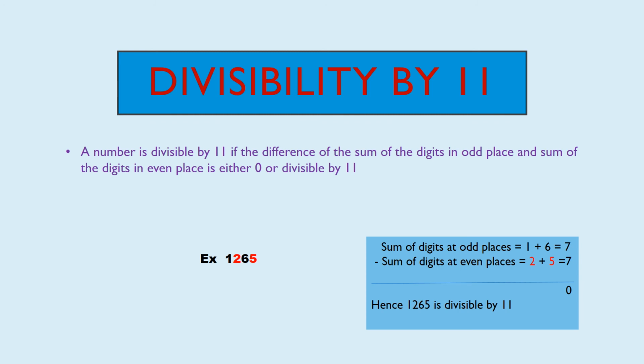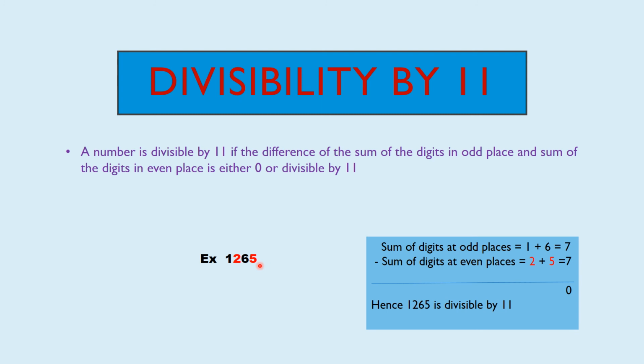Divisibility by 11. A number is divisible by 11 if the difference of the sum of the digits in odd place and the sum of the digits in the even place is either 0 or divisible by 11. Now let us see this example, 1265. Now the odd places are the first place and third place, and the even places are the second place and fourth place.